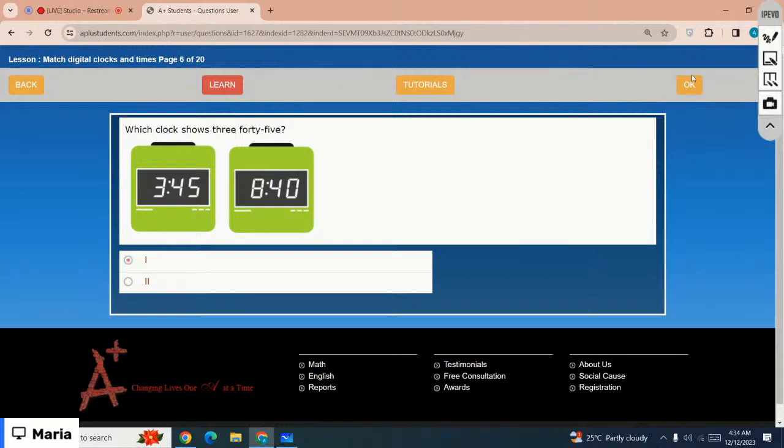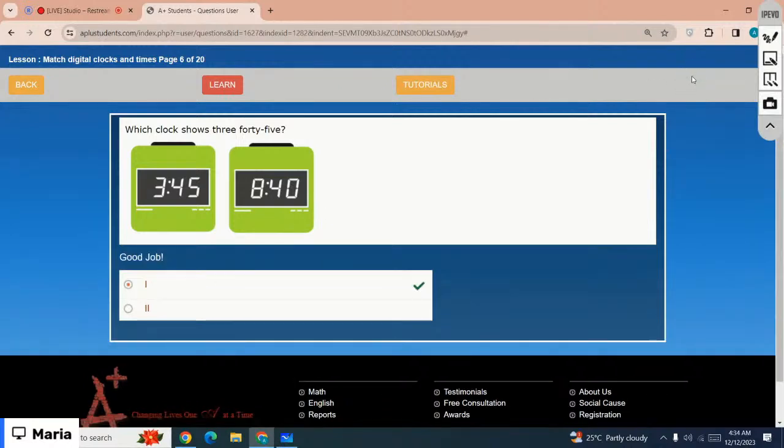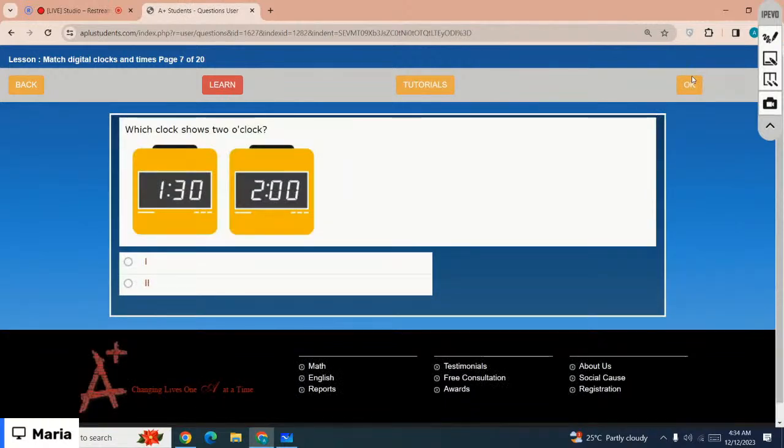The first one is the correct option, right? Which clock shows 2 o'clock? Yes, the second one shows 2 o'clock.